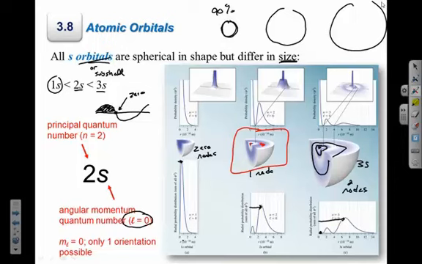Okay? So this is the 2s. This is 1 orbital. That orbital can hold a maximum of 2 electrons. And when those electrons are in that orbital, they behave as if they're all over the area with the darkest color at once. Okay, so you can have 1 orbital that has multiple regions in it, but the electron is everywhere in that orbital at once.